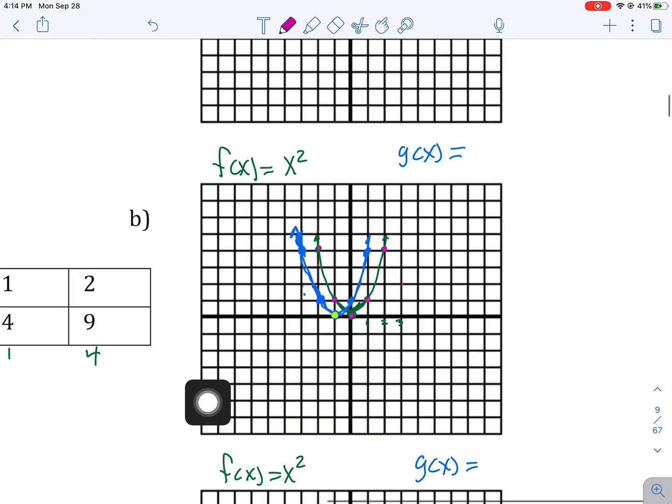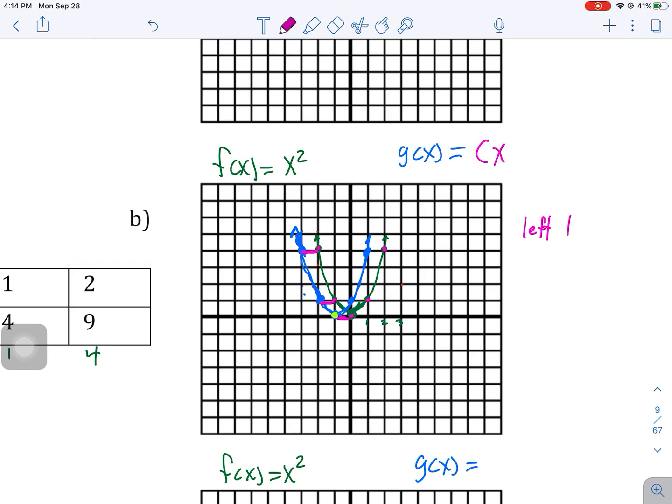The next one is, it still has the same shape, but this one goes to the left. And you can see that every point on here goes to the left 1. Okay, now this one's a little tricky.